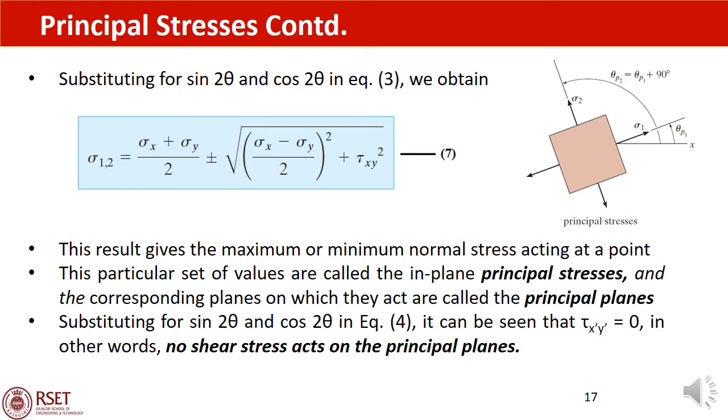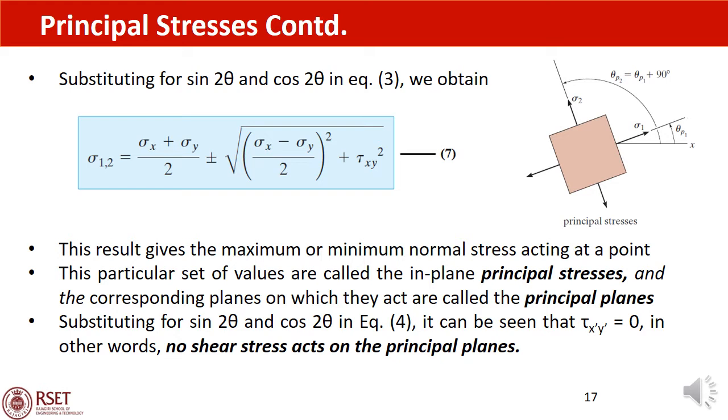This result gives the maximum or minimum normal stress acting at a point, where sigma 1 is greater than or equal to sigma 2. This particular set of values is called the principal stresses, and the corresponding planes on which they act are called principal planes.